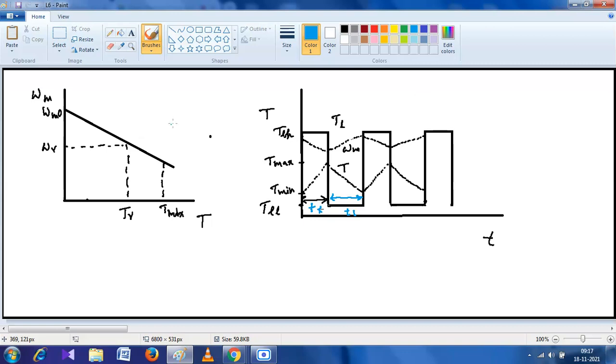From the first figure, we have to make an equation. What is the nature of that curve? Can anyone tell me?